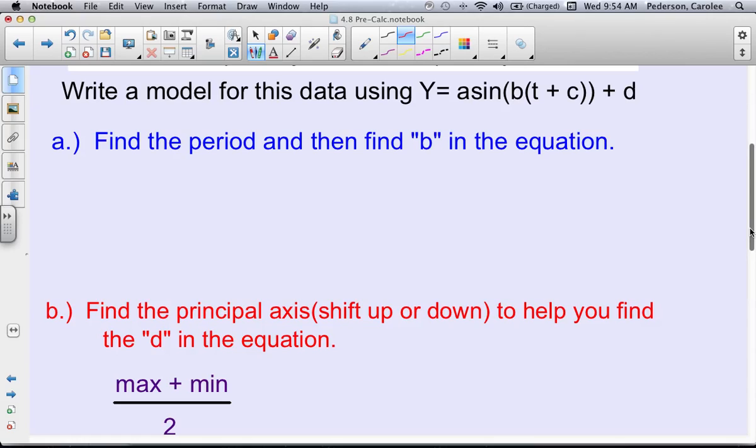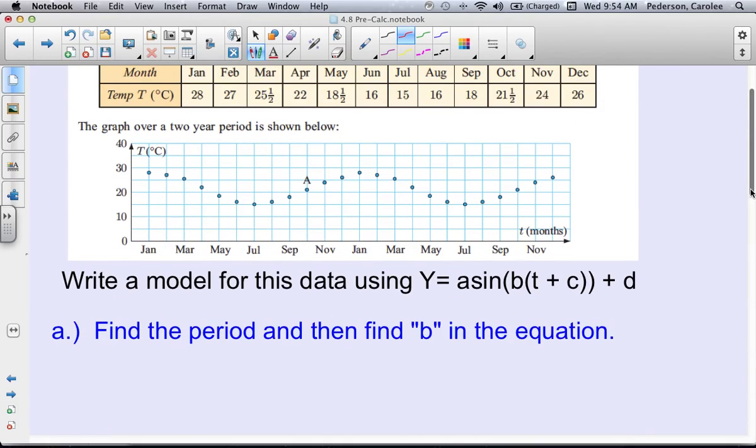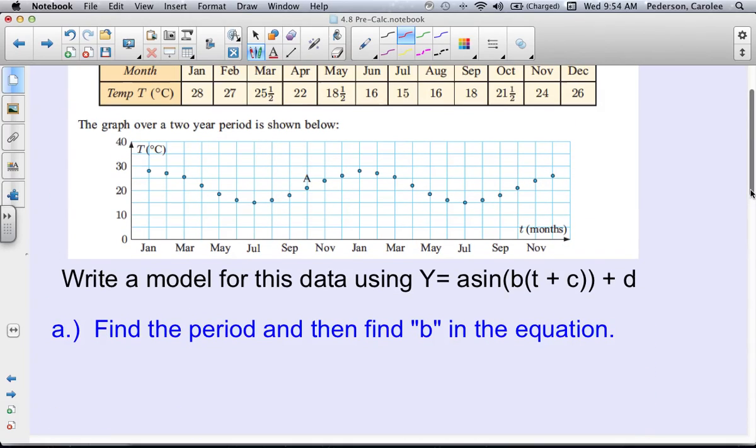So you have to figure out how long a revolution is. In this case, it's 12 months, where the cycle then starts to repeat again. And you can see it from the graph. If I start here in January, and then I pick back up again, that is one cycle, one revolution.